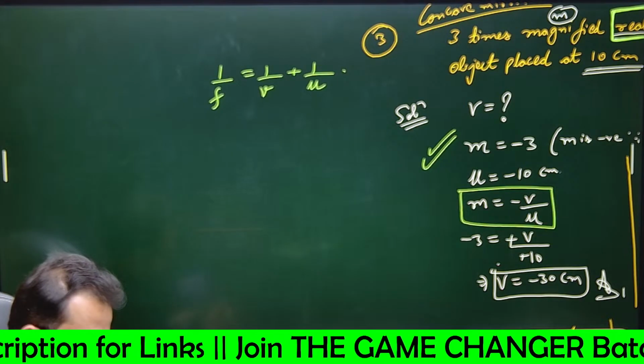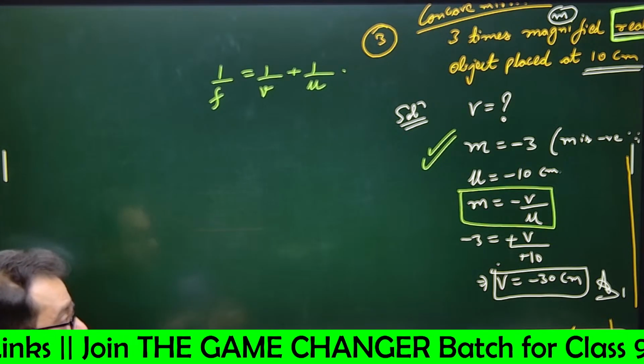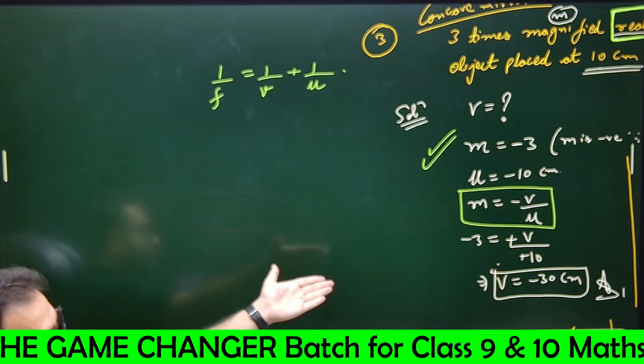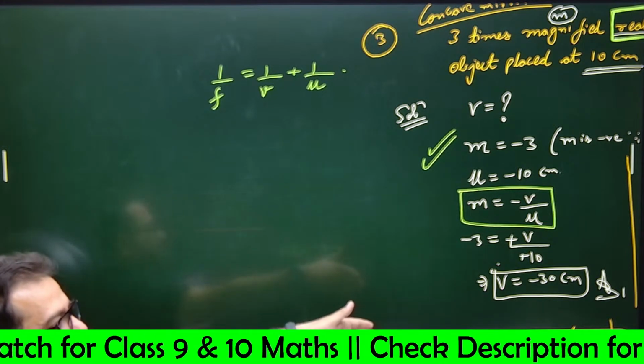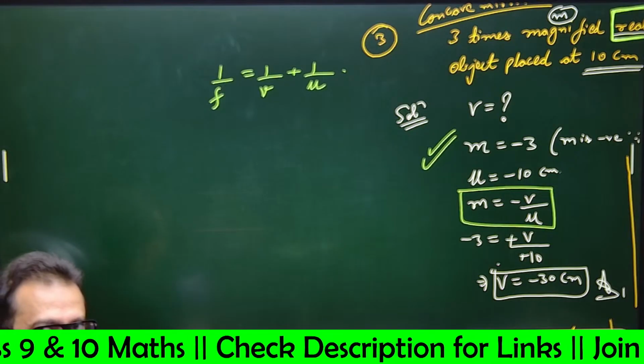You're not able to calculate v. M equals to minus 3. Minus 3 equals to minus v upon minus 10. Cross multiply, minus minus cancel. 10 into 3 will be what? Minus 30.